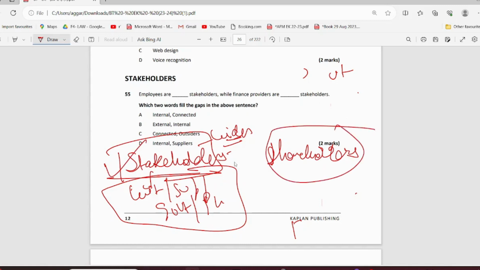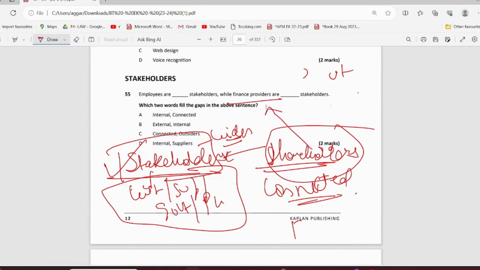Shareholders are again a part of your stakeholders, and they are your connected stakeholders, because they form a part of your finance providers. Shareholders own a part of your business, they own shares in your business. So that is the reason they're known as shareholders.